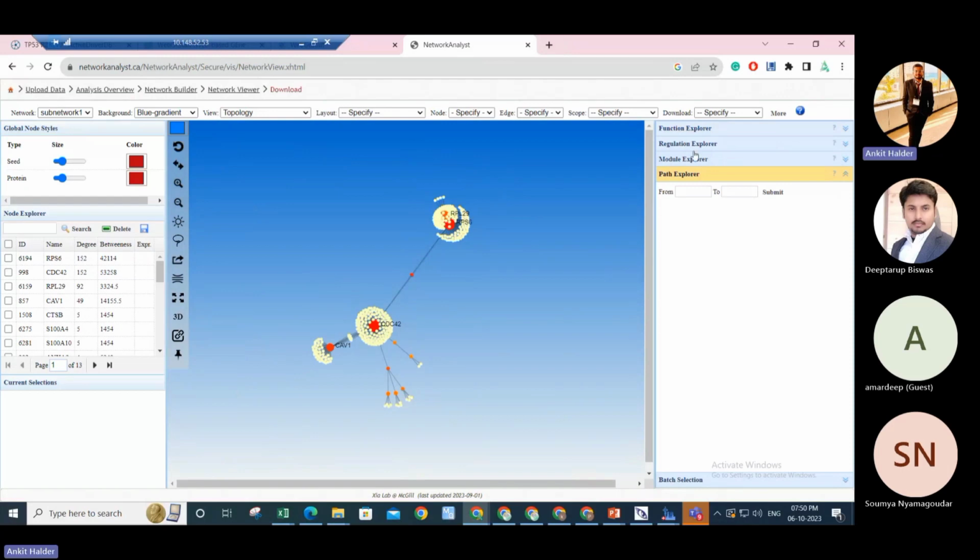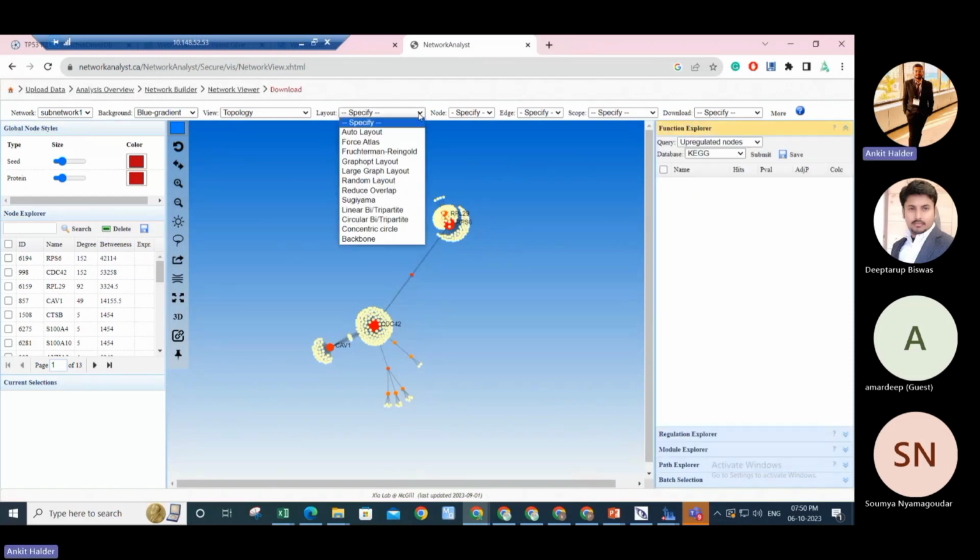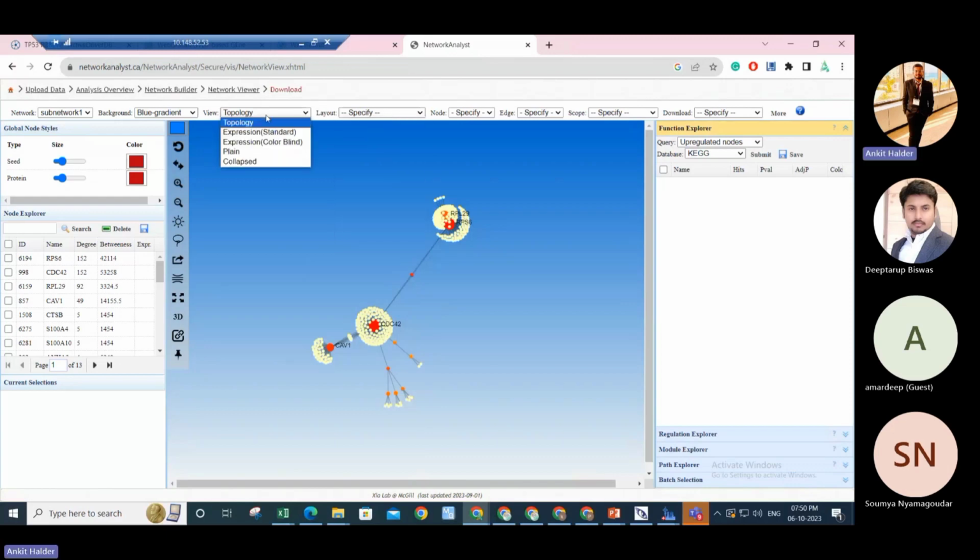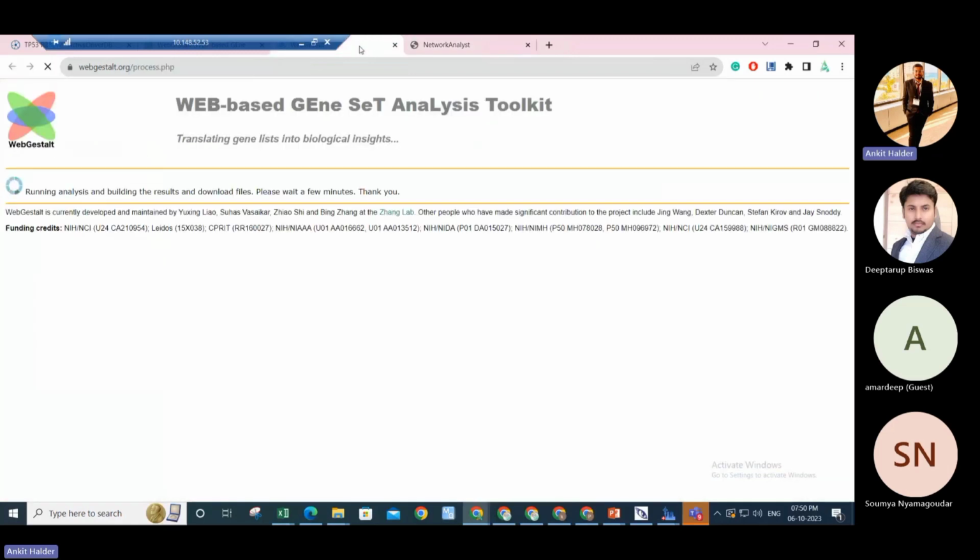In the explorer you can specify your view, you can proceed, then specify the node, the edge, the color and all those things. Similarly here also we will get the results or the topology file, which you can definitely take forward.